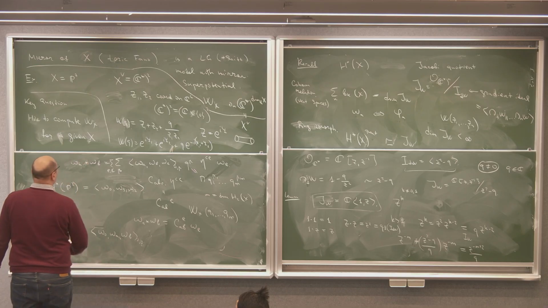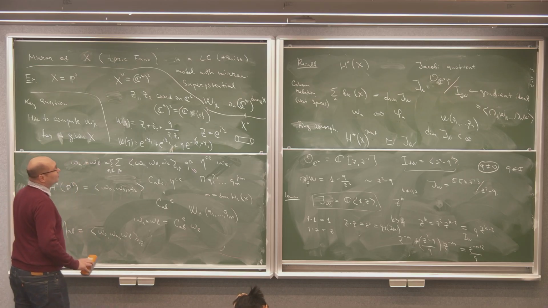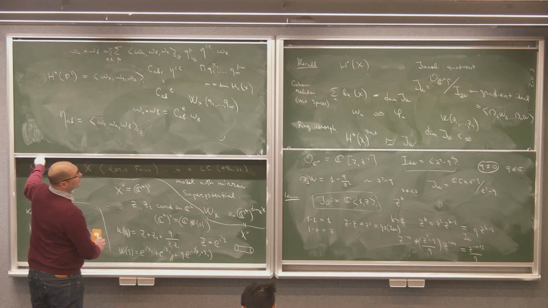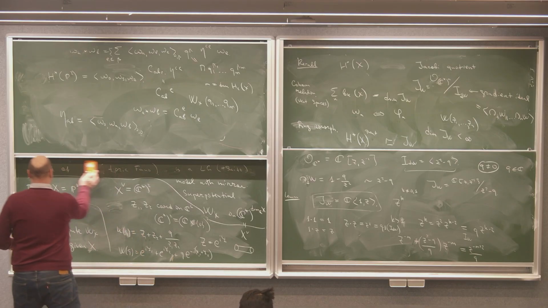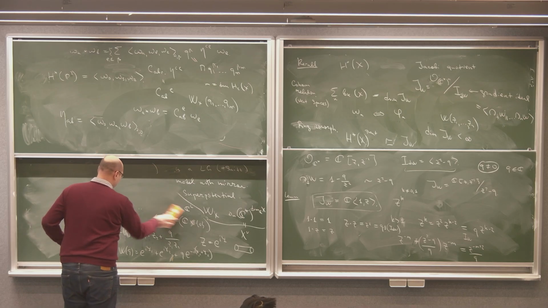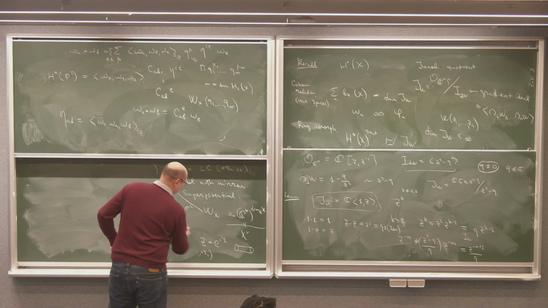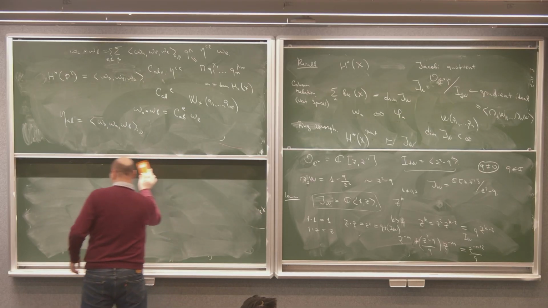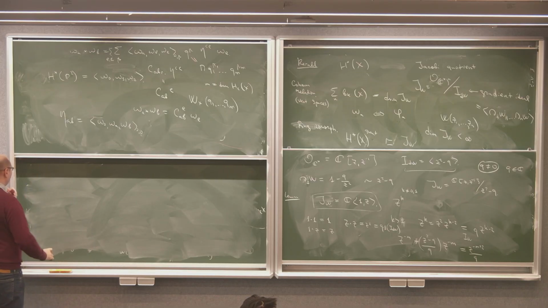Let me give you an example when we have two Q's. That will possibly also be part of a homework exercise. I'm not sure whether it will be this week or some later week. Let's take X to be P1 cross P1.